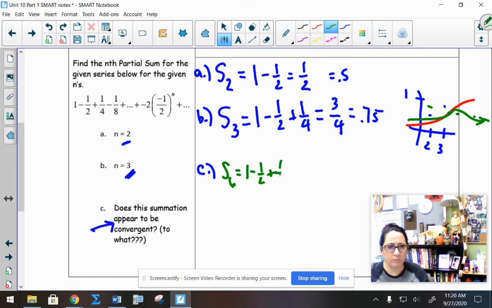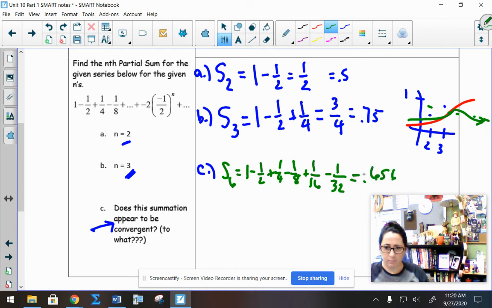Okay, so in this case, let's look at this a little better. We went from 1, and then a half, and then 0.75, and now down at the 6th, I'm at 0.656.